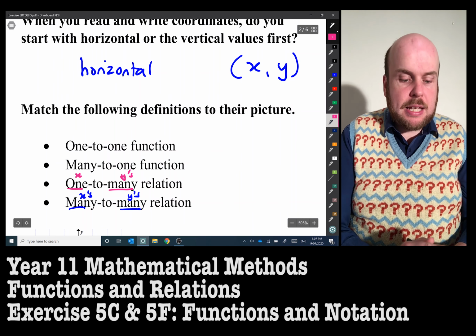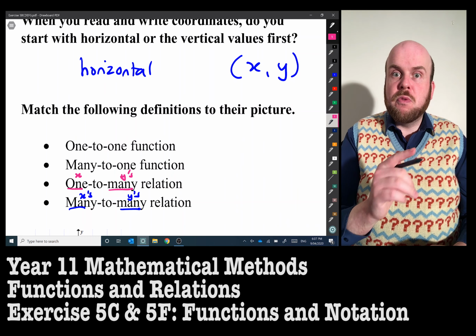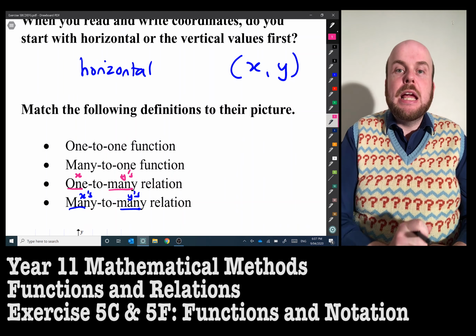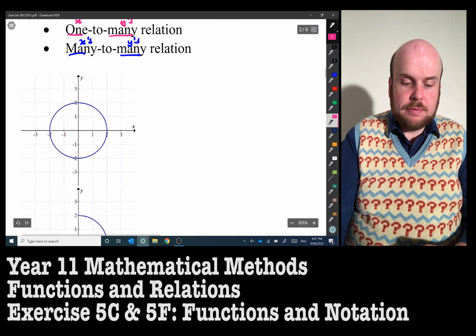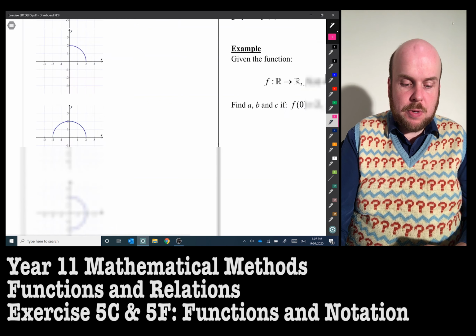What that means is that a one-to-many relation means that for every single x value, there are many y values. Let's have a look at some of these pictures, as we need to check which one is which.